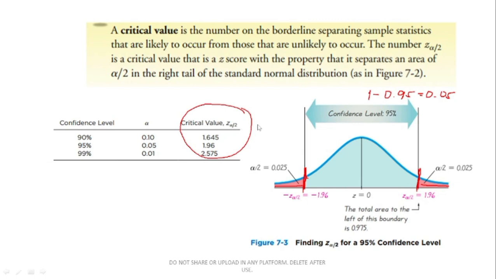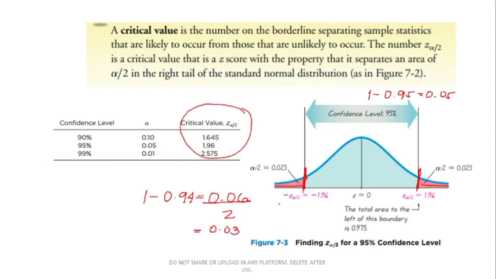If you remember our table of z values, right? If our confidence interval is 94%, then that would be 1 minus 0.94, which is equal to 0.06. So 0.06 divided by 2 would be 0.03.